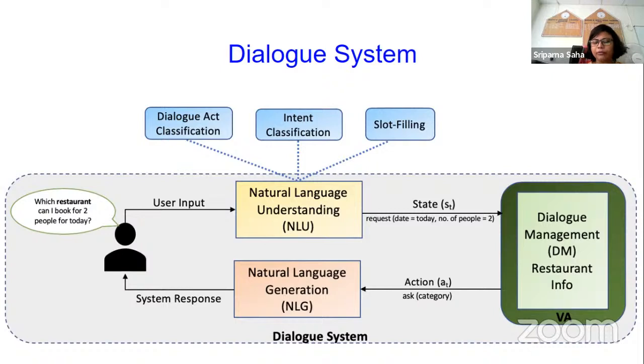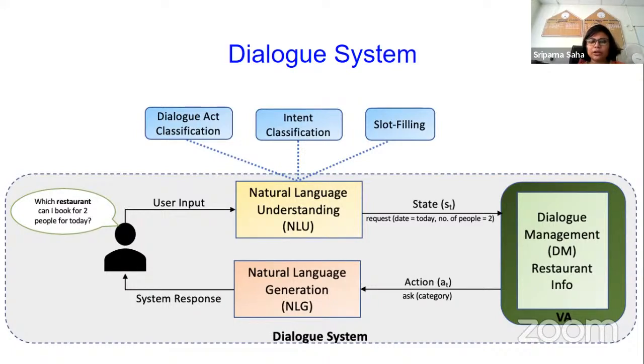We can introduce different types of characteristics to generate polite responses or empathetic responses. Natural language generation is again a big research field, and researchers are working in this area, trying to introduce different types of human-like features in the natural language generation model. So this is the overall dialogue system.